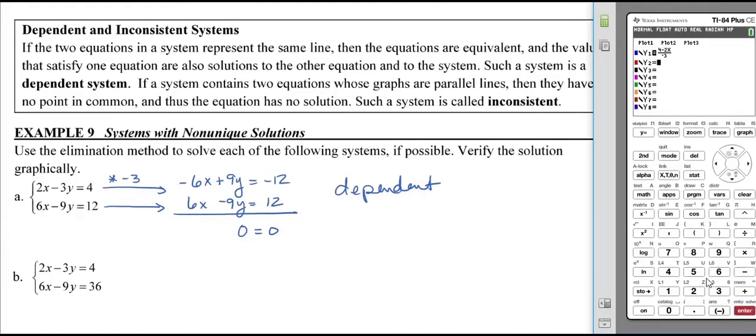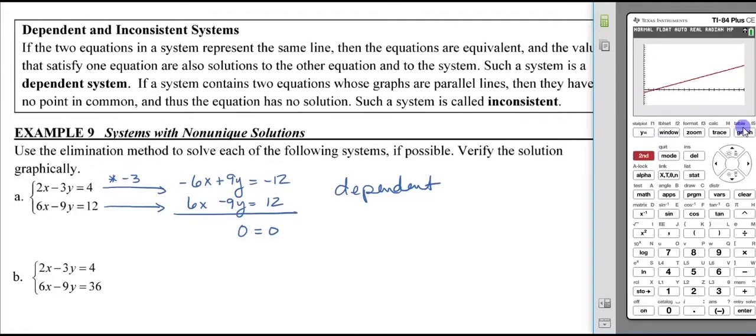And the second equation, y equals 12 minus 6x, all being divided by -9. And when I graph, you see the blue line graphs first, the red line graphs exactly right on it.